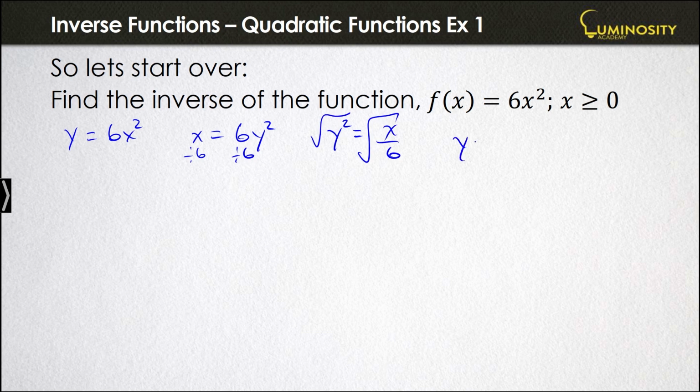And so we have y equals the square root of x over 6 for x greater than or equal to 0. So when x is greater than or equal to 0, we can just put a plus sign in front of there. So now our inverse of f of x is equal to the square root of x over 6.